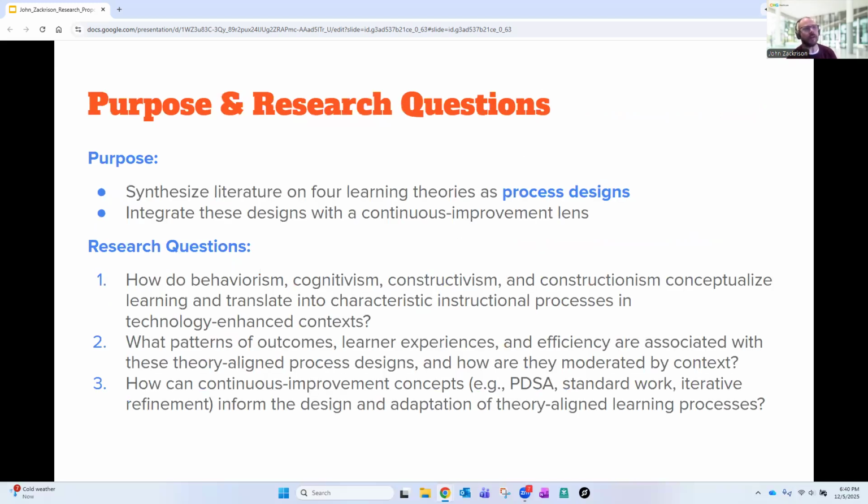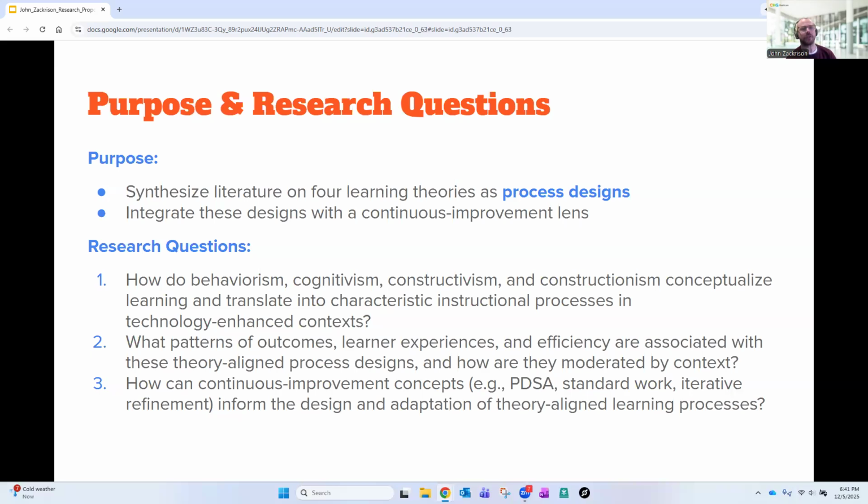Okay, so what is the purpose and the research questions? The purpose of the study is really twofold. First, I synthesize literature on the four foundational learning perspectives that we learned in the course: behaviorism, cognitivism, constructivism, and constructionism.